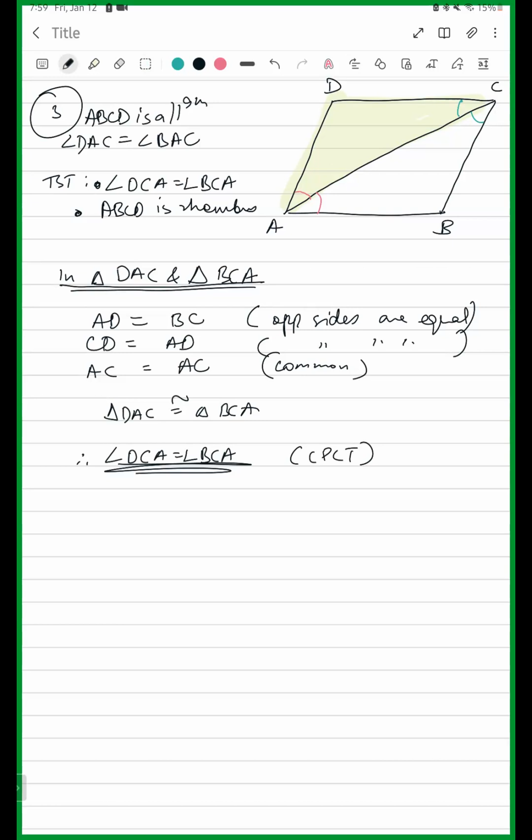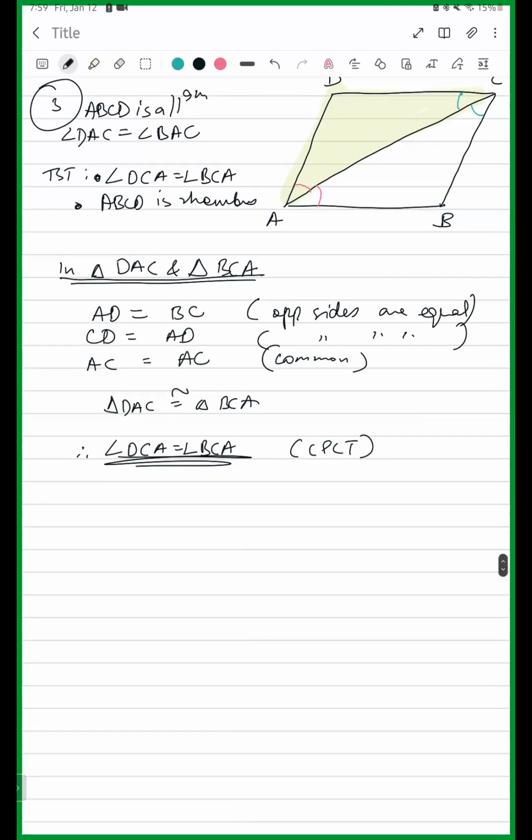Just a minute. Now we need to show that this is a rhombus. So how do we show that it's a rhombus? To show that it is a rhombus, we need to show that all the four sides are equal to each other. So first of all, these two sides are already equal, right?